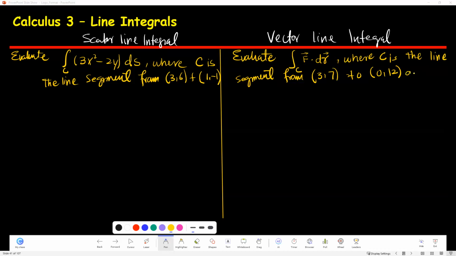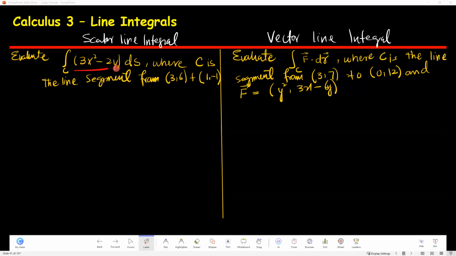And I also did not give the vector field, like what is the vector function, and this is giving y squared, comma, 3x minus 6y. Okay, so a few differences we talk about. That's a scalar function of a path, that's a vector, that's a position vector, that is a function, and in both, two points are given.